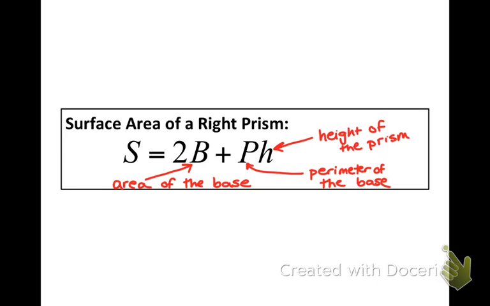Well, this length of the perimeter times the height of the prism, wouldn't that get you the dimensions of this base? Yeah? And the same with the other two sides because they're the same. So that's where this formula comes from.